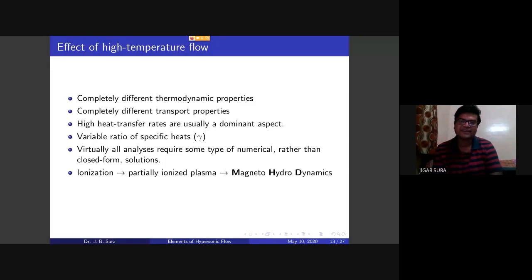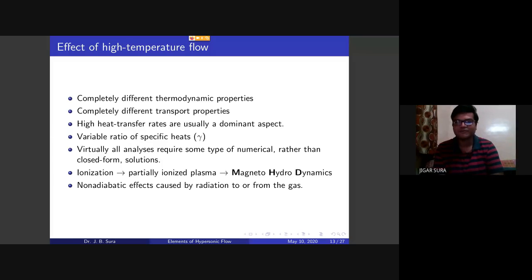And when you have an electromagnetic field, your aerodynamics does not remain only aerodynamics. It becomes part of magneto-hydrodynamics. It includes Maxwell equations, that current flows and the force acts normal to the current, and all these things happen. So to the simple equations of aerodynamics, you have to include magneto-hydrodynamics equations. So just think how difficult it is to include all the actual scenarios for hypersonic flights.